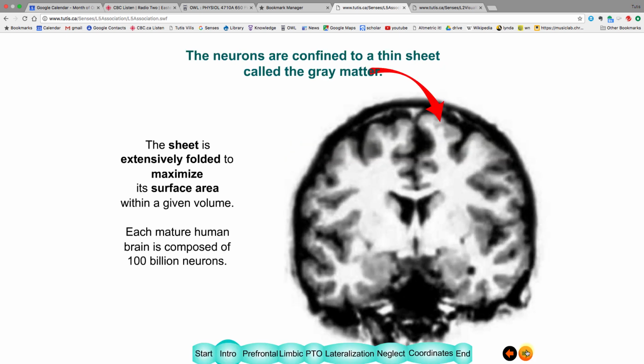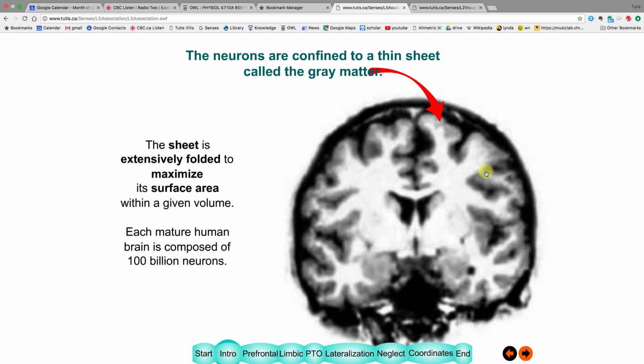Now, we saw before that the important parts of the brain are largely confined to this gray area that surrounds the cortex. And you see a lot of folds here. That folding is done so you can increase its volume. You can imagine a paper bag. When it's blown up, it's quite big. But when you crumple it, it becomes quite small.